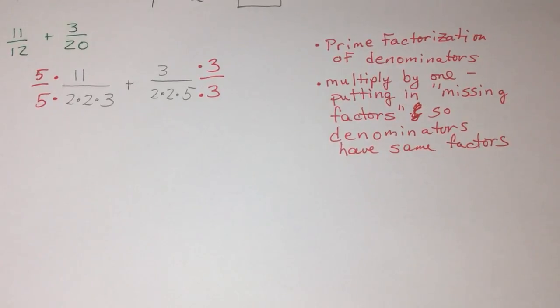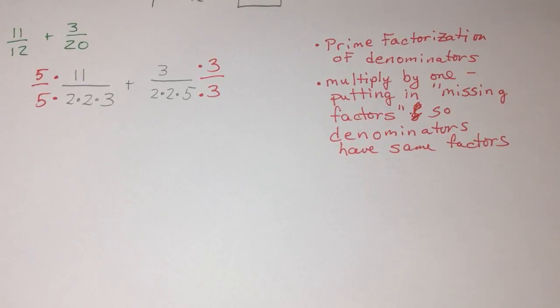And so this is a way that you can find the least common denominator. It can be written out in terms of prime factorization. The advantage of this method is that this is exactly how we're going to be doing addition and subtraction of rational expressions, where our numerator and denominator are polynomials.